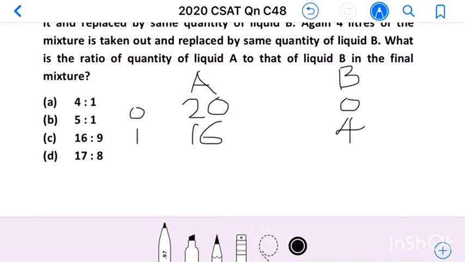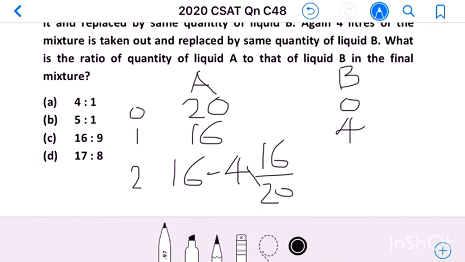Then again 4 liters of this mixture is taken out. Then liquid A will reduce by 4 into 16 by 20.